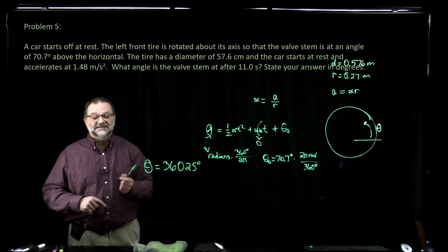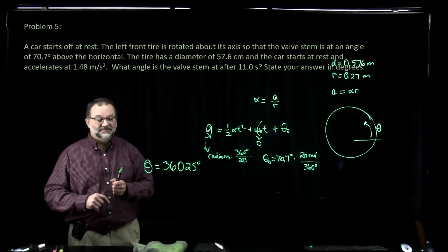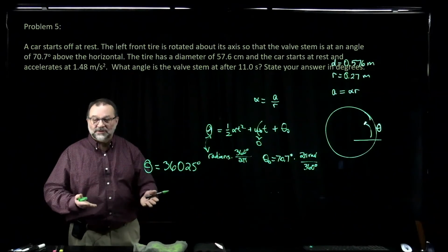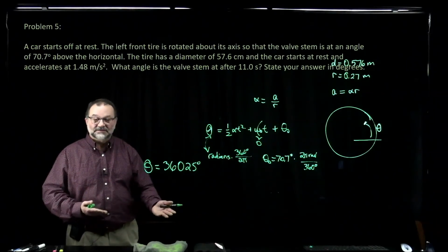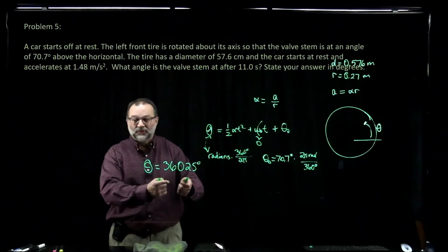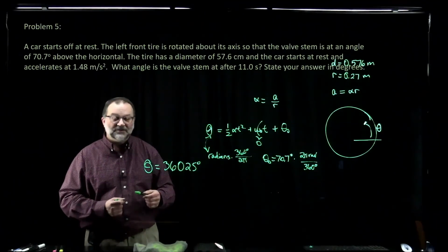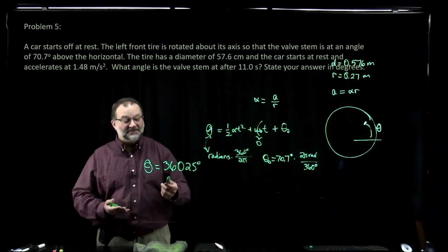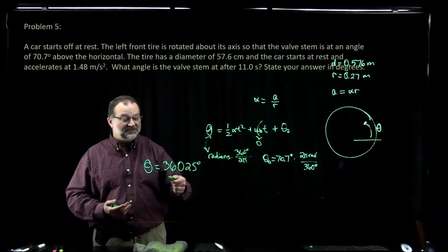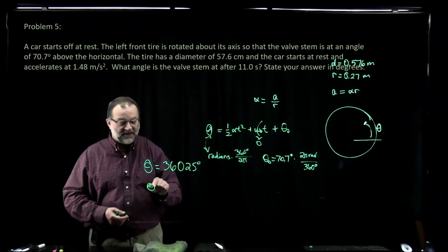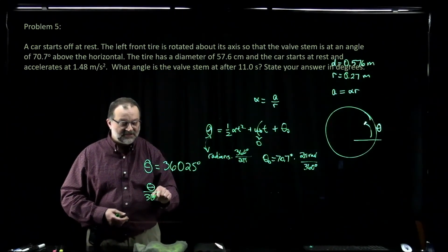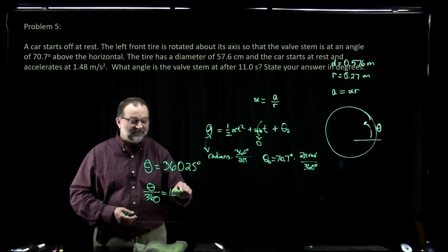So what is the answer in this case? Well, one rotation is 360 degrees, so how many times will 360 go into this? You can figure this out in a variety of ways, but the first thing is I'm going to divide this by 360. I'm going to do theta over 360, and I'm going to get 10 point something.